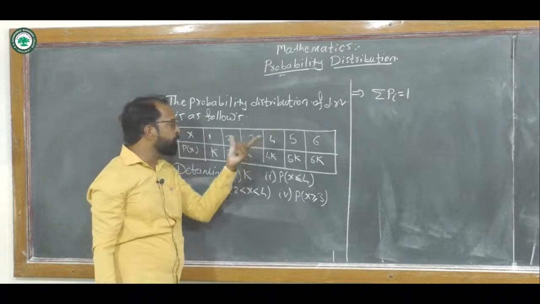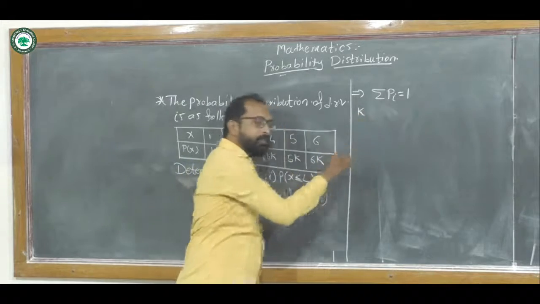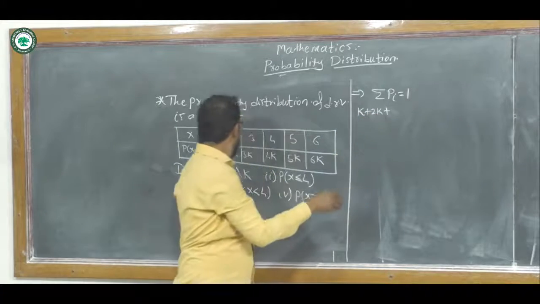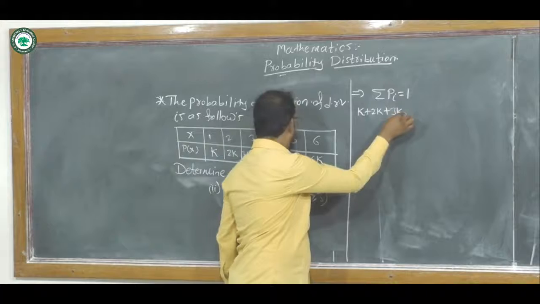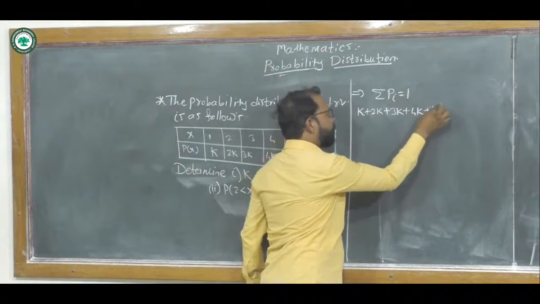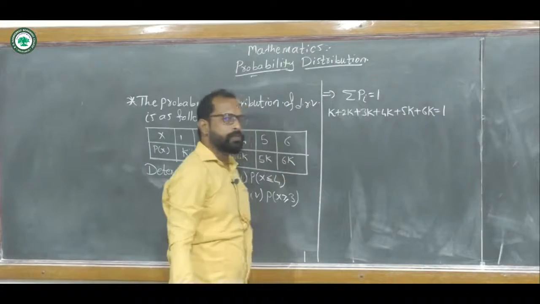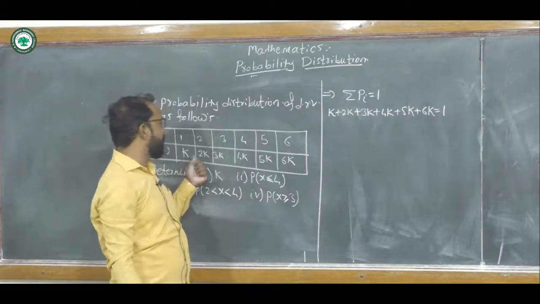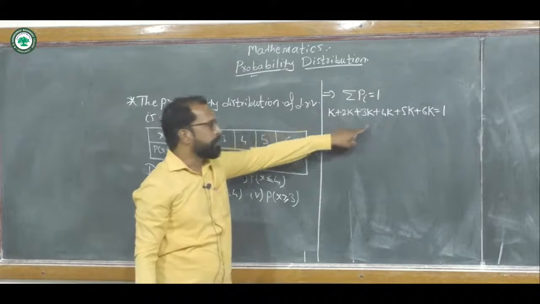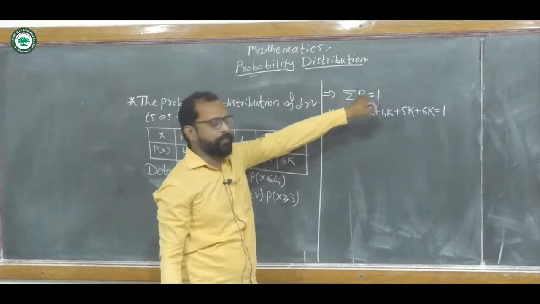Now putting the value of summation of pi, we get k plus 2k plus 3k plus 4k plus 5k plus 6k equals 1. Taking the sum of all the probabilities, which equals 1 by the condition, or we can say by the definition.